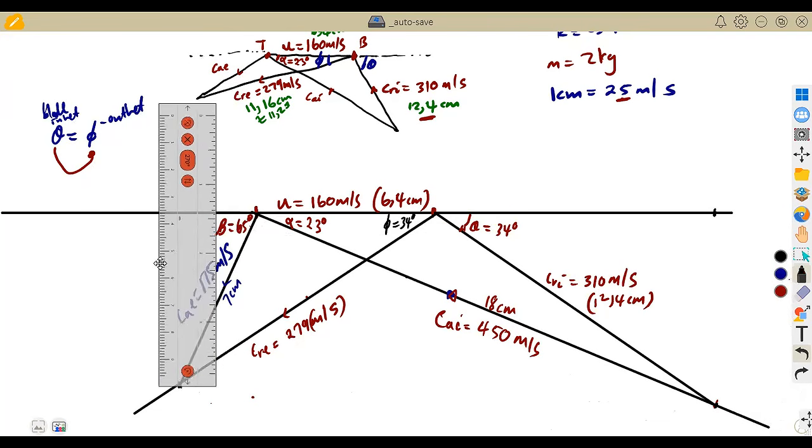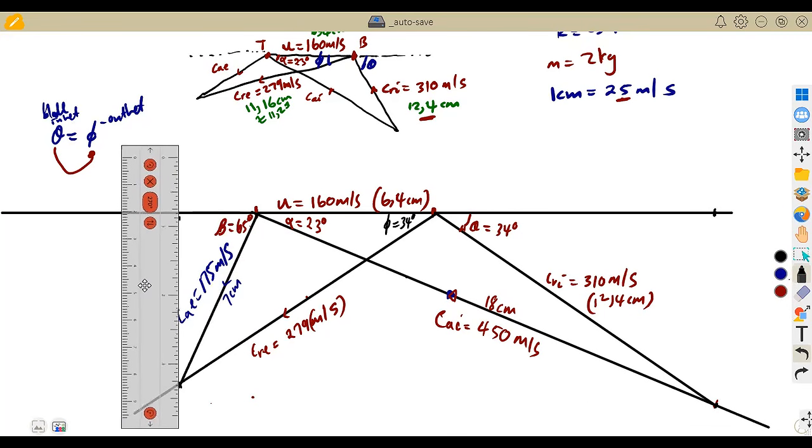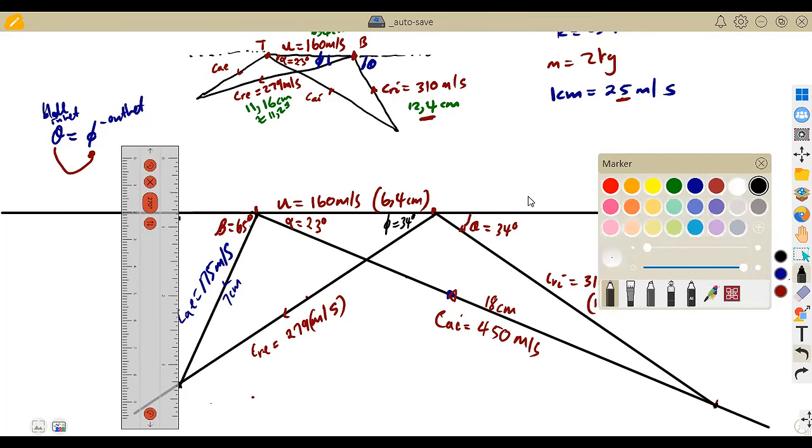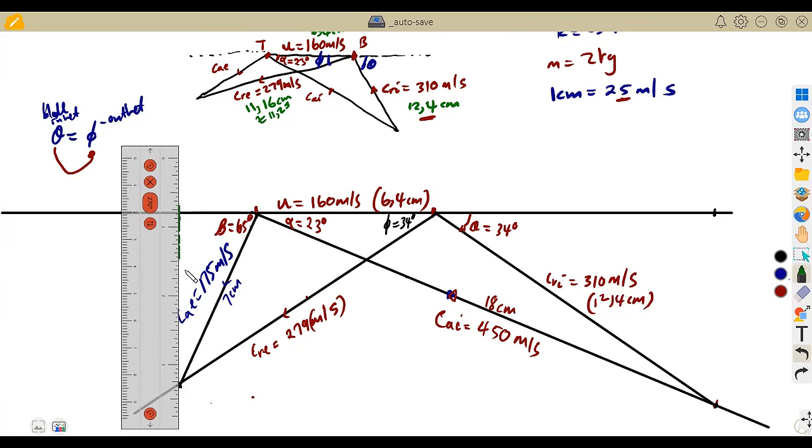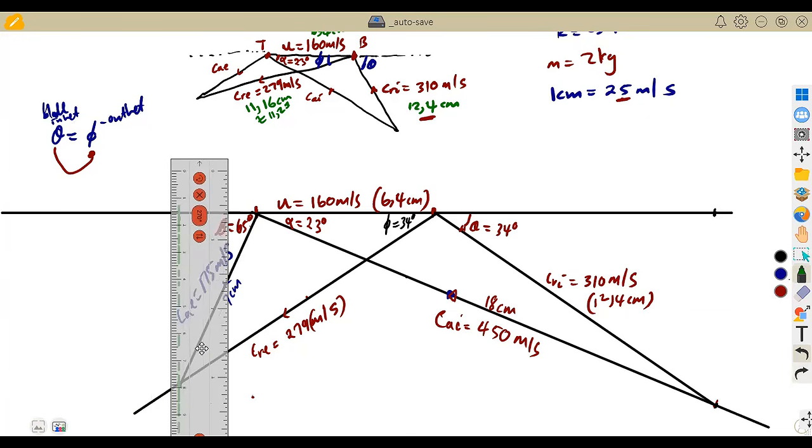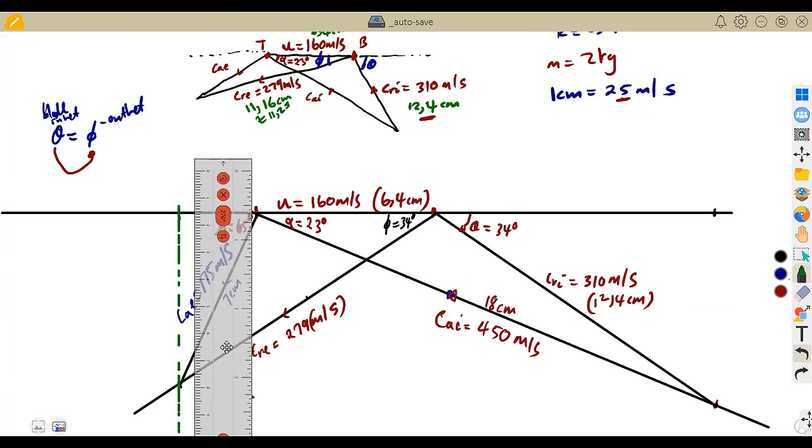Meaning to say, if we join here, we're going to have the flow velocity at the exit. We have got our flow velocity. We're just going to join that 90. Down here, we're going to extend a little bit. Then here the 90 was passing through this point.